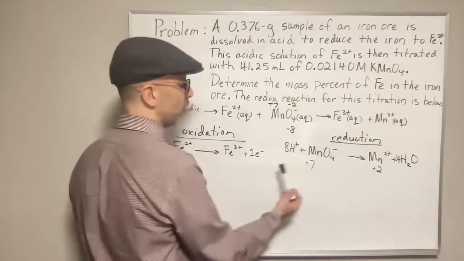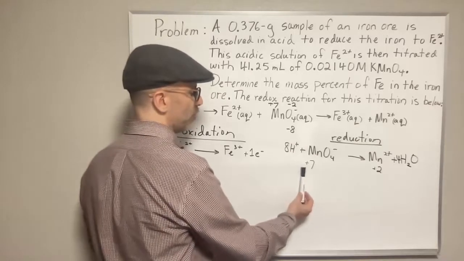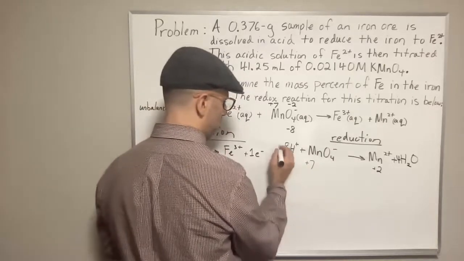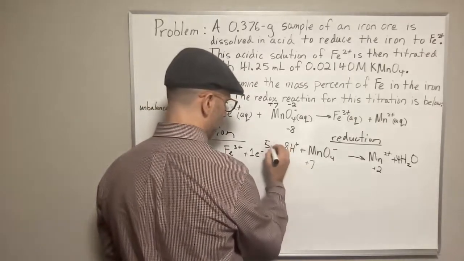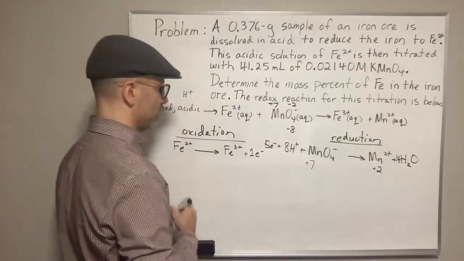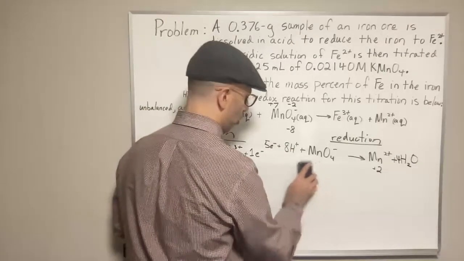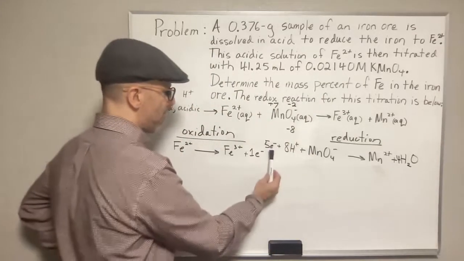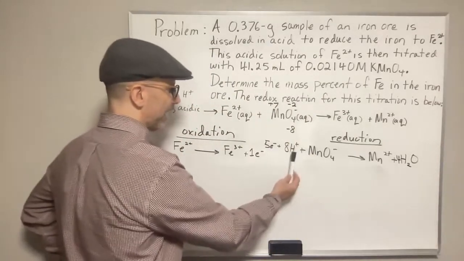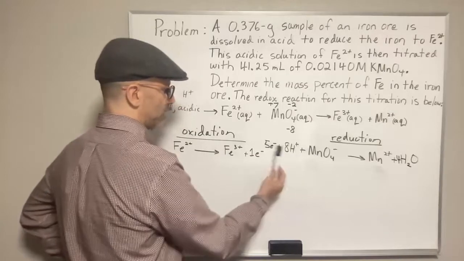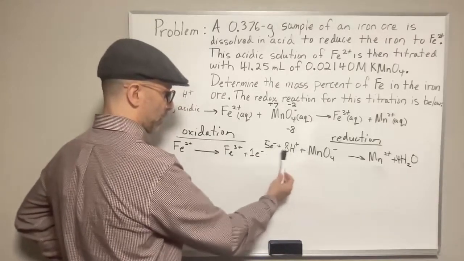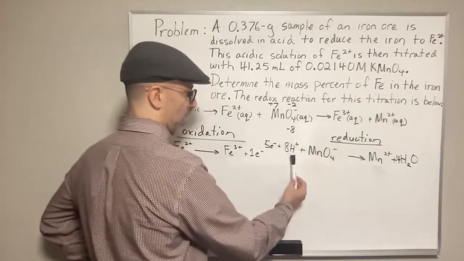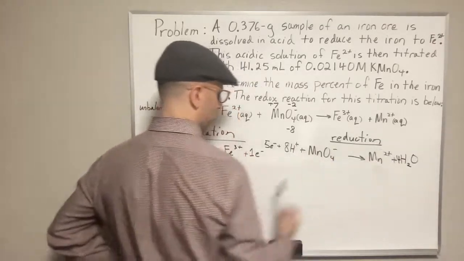Since this is more positive, I have to add a certain number of electrons to get to 2. That's going to be a +5, so I'm going to add 5 negative electrons on this side. Now I have 5 negative plus 8 positive, that's going to be +3, and then plus the negative here, that's going to be a positive 2. That balances with the positive 2 on this side.